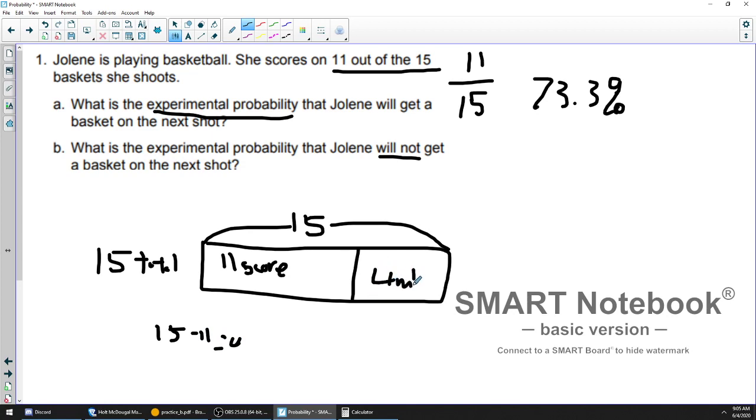So 4 misses. And that makes sense. Out of 15 shots, she scores 11, misses 4. 11 plus 4 is 15. So we know she will not get it in 4 out of 15 times in the past. So this is her experimental probability of missing.